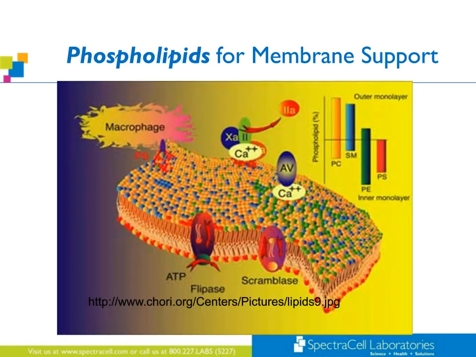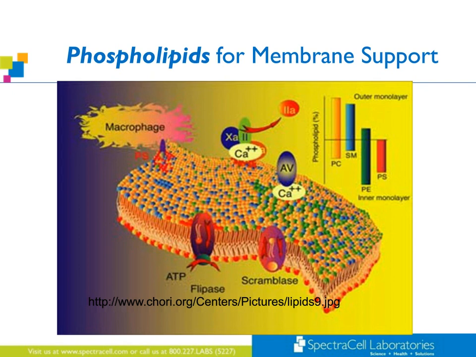The next area that I want to talk about for mitochondrial support is adequate phospholipids for membrane support. This particular depiction is of a macrophage, and it is the lipid bilayer of a macrophage, and what you can see are all of the different components of the lipid bilayer. What I'd like to point out is that all of the orange is phosphatidylcholine.